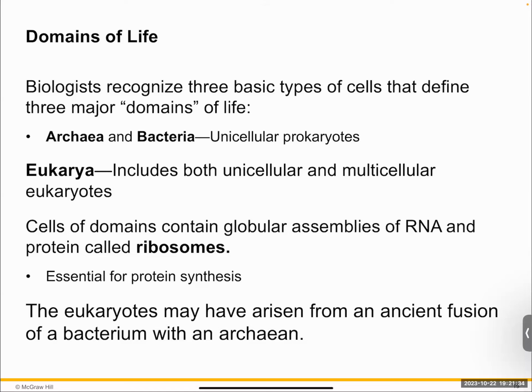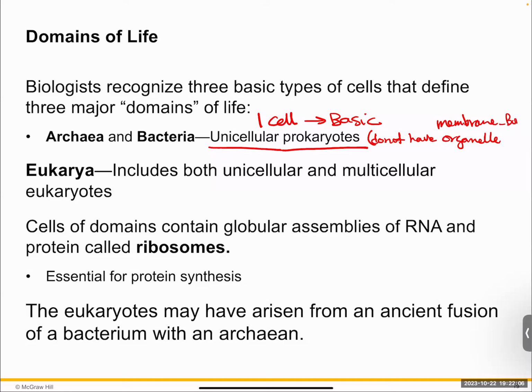These are archaea and bacteria, identified as unicellular prokaryotes, which means they have one cell, and they're very basic cells. Prokaryotes do not have membrane-bound organelles.